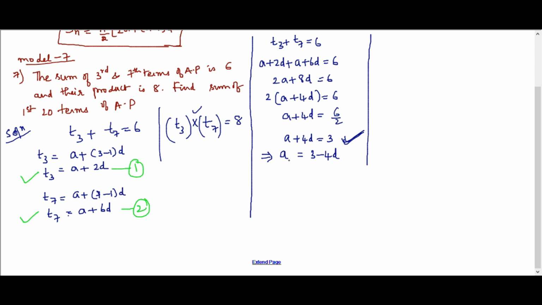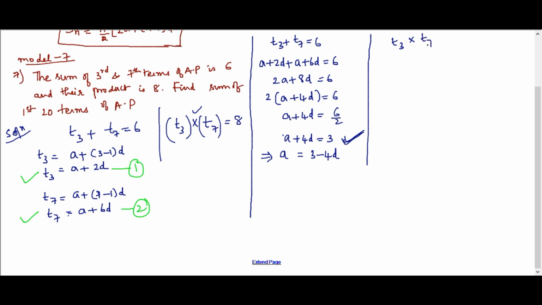So we need to convert one variable in terms of another one. That's the reason I'm writing A as 3 minus 4D. Otherwise I would prefer to keep it like this and solve. If you have seen my previous videos, you can find it there. Okay, let's solve for the product now.